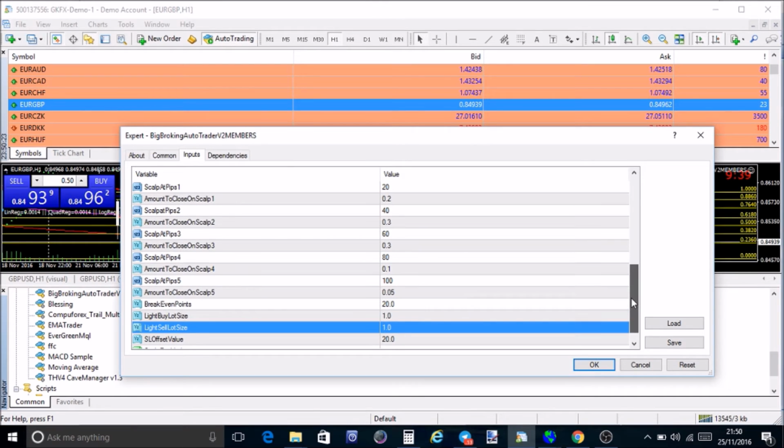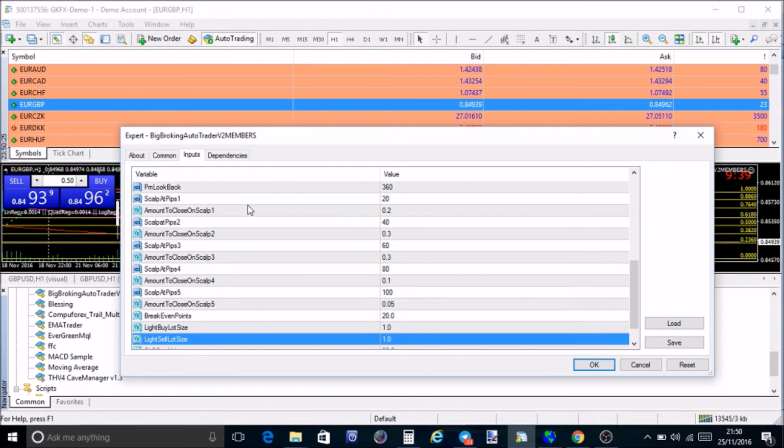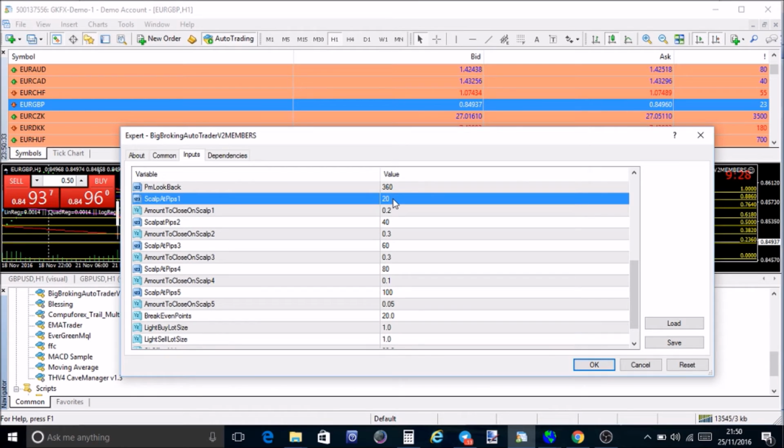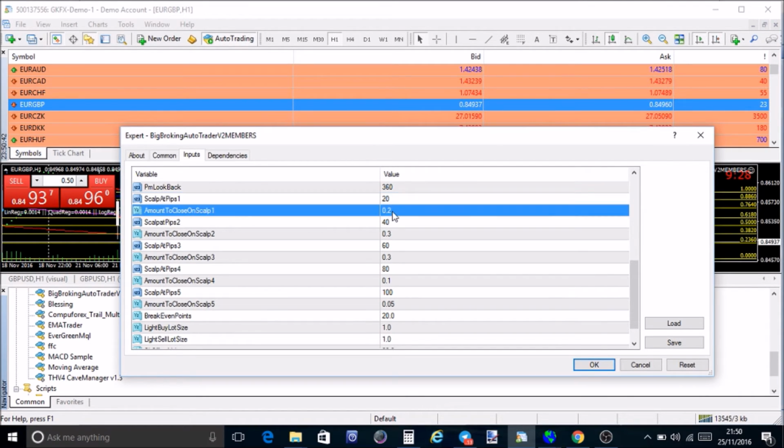And what we've set up here, you see all of these settings for scalp at pips 1, scalp at pips 2, scalp at pips 3, 4 and 5. And these are levels of profit in your trade. So let's just say with this, at 2 points, when your trade hits 2 points of profit, it will partially close your outstanding order by the amount here. This is the amount in lot size.